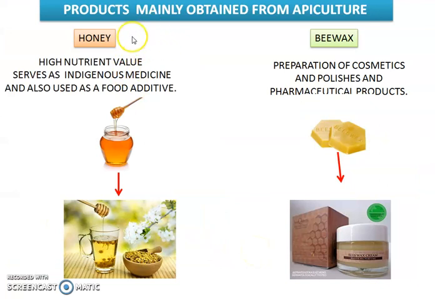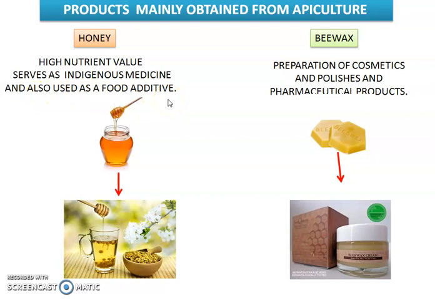Then the most important thing here again is what are the products and what are its features, like what is the importance or value of those products. Honey, as such, everyone knows it's of high nutrient value, and it makes a very important ingredient in indigenous medicine. Desi dawaiyan, most of them contain honey, and they are also used as food additive.